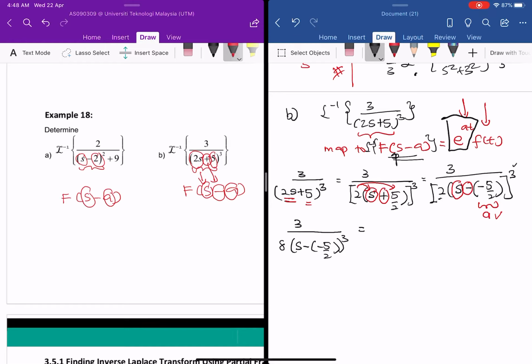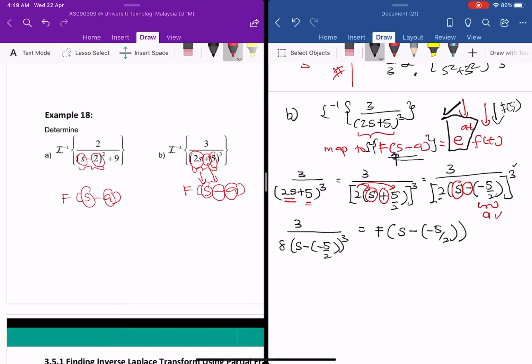So this one actually maps to F(s minus a), where a is negative 5 over 2. As I mentioned, e to the power of at you already obtained, because you already obtained the value of a. So now you want to find the value of f(t), which comes from the F(s).